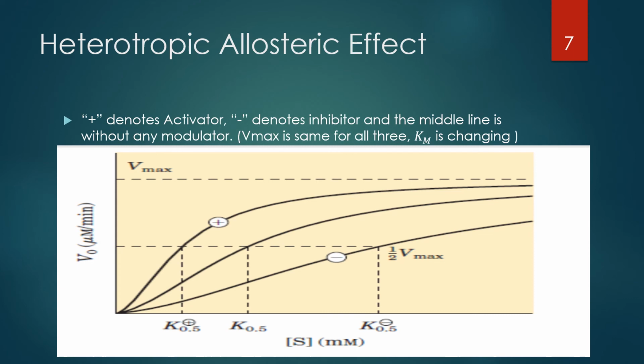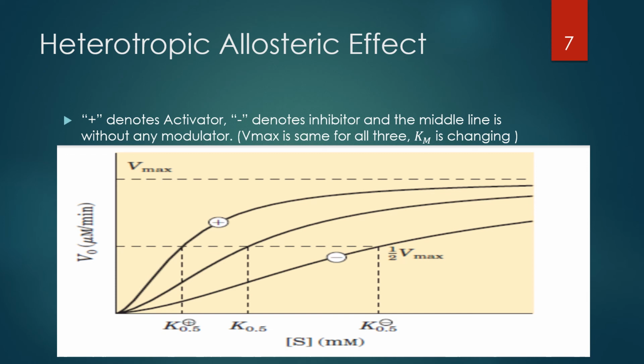In all these you see we have plotted the V0, which is the rate, versus the concentration of the substrate on the x-axis. And in all of this we see the Vmax. The Vmax is the same for all the three curves, right? It reaches the same place. The maximum rate is the same.